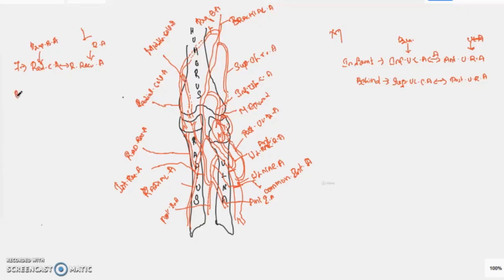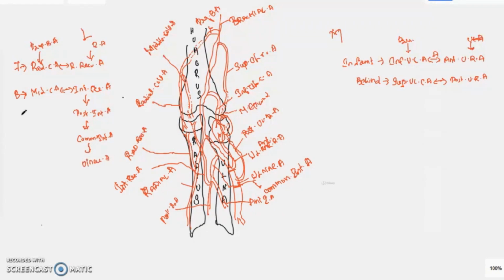So behind the lateral epicondyle, we will be having a branch coming from profunda brachii, we will call as middle collateral artery, which is getting anastomosis with intraosseous recurrent artery, and this is a branch of posterior intraosseous artery, which again is a branch of common intraosseous artery, which again is a branch of ulnar artery.